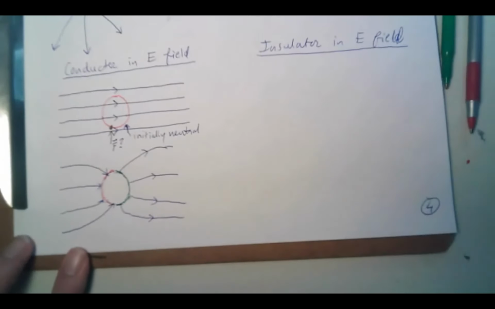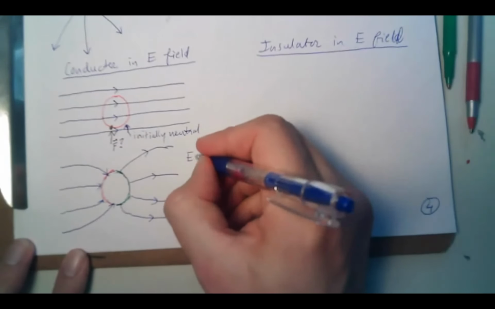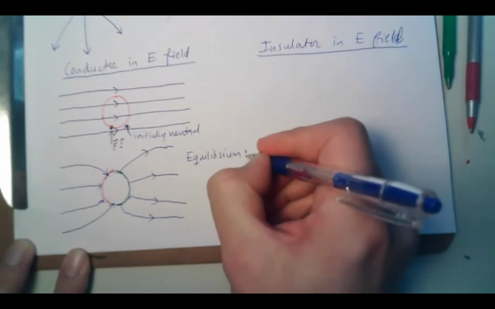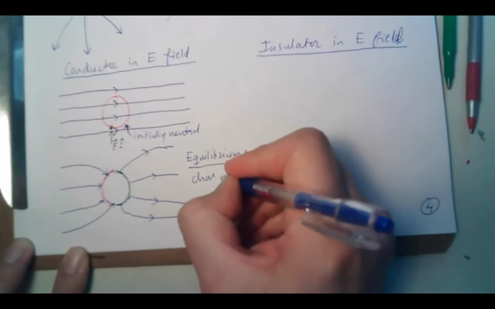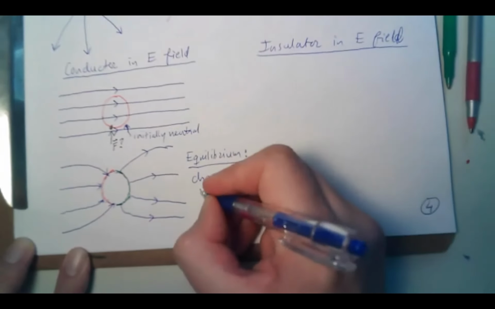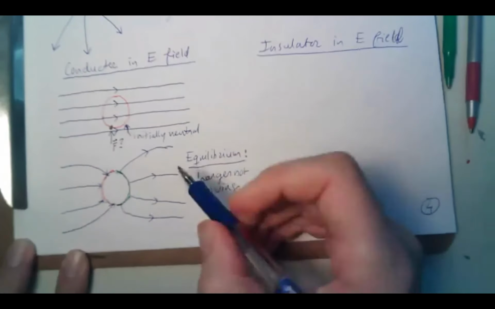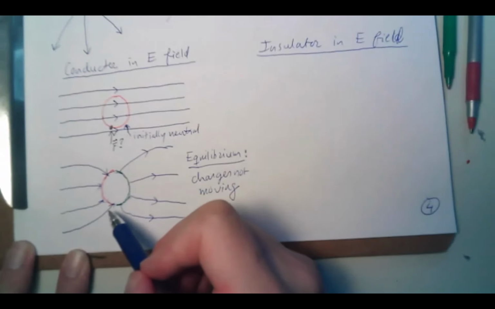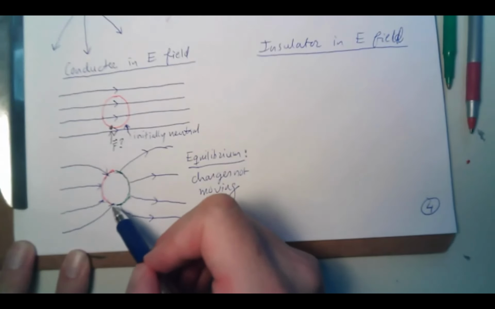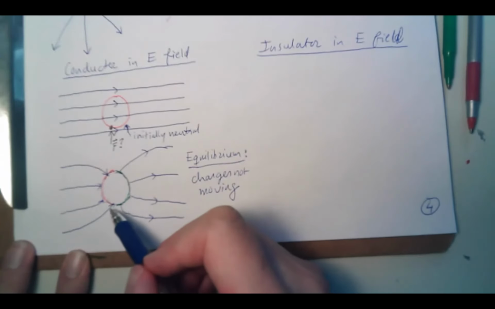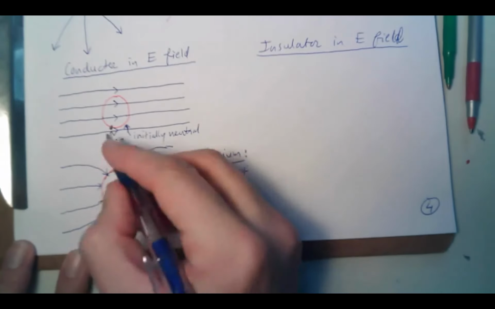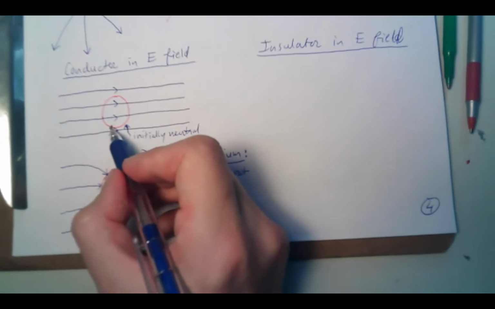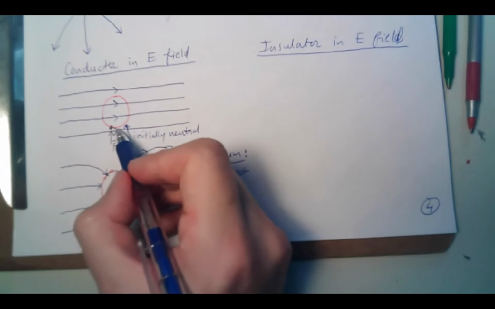And what is the equilibrium condition? Equilibrium means charges not moving. If the charges are not moving, then we have an equilibrium situation. So what's the relation between the electric field and the charge that would cause them not to move? Well, as long as there is a net force acting on these charges at the surface, they're going to move to a different location.